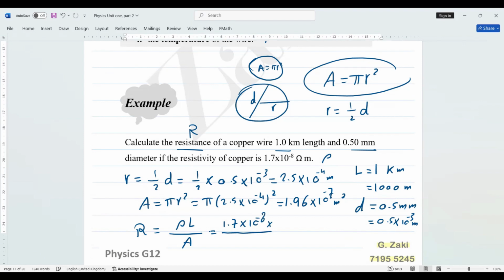L is the length in meter, which is 1,000 because it's 1 kilometer, over the cross-section area, 1.96 times 10 to the power negative 7. Now we write 1.7 times 10 to the power negative 8 multiplied by 1,000 divided by the answer. So it is 86.6. The unit of resistance is ohm.